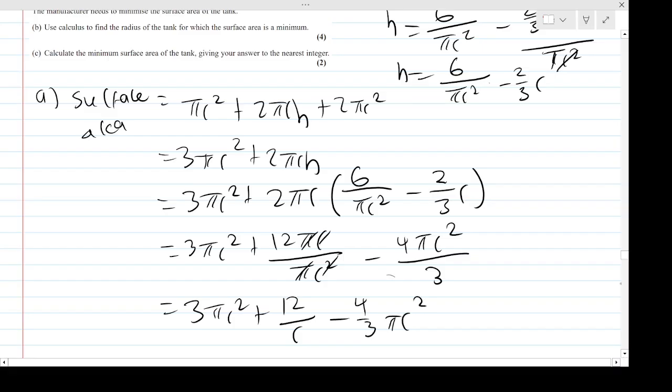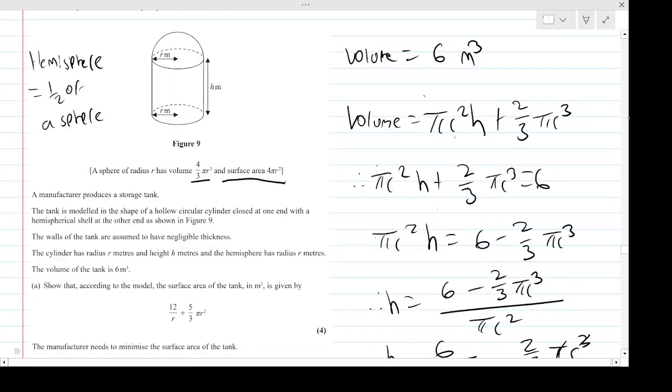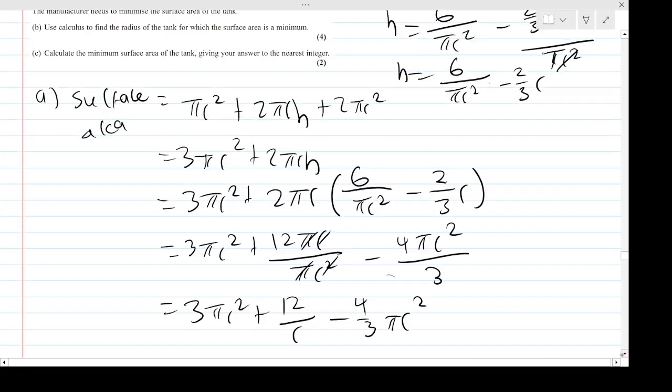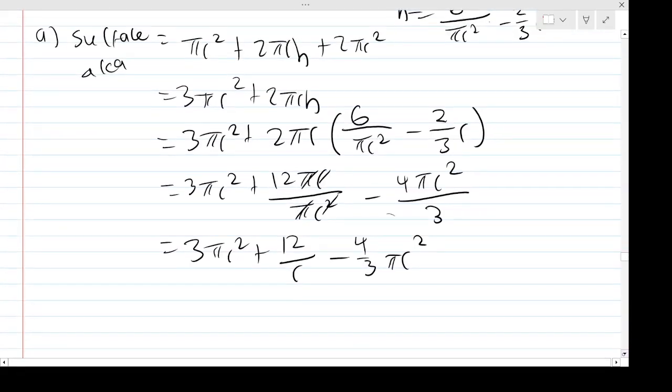Right. Okay, how am I looking? I notice I have 2 pi r squared terms here and here. I can then collect them together. So what I have is 3 pi r squared minus 4/3 pi r squared, add 12 over r.